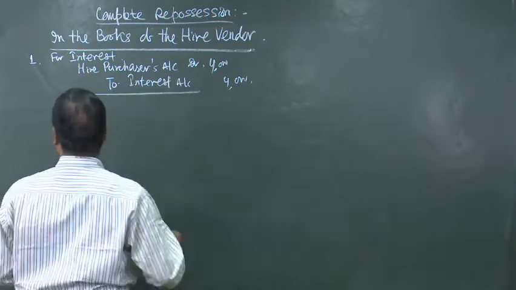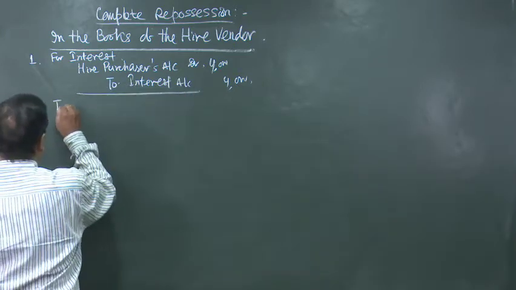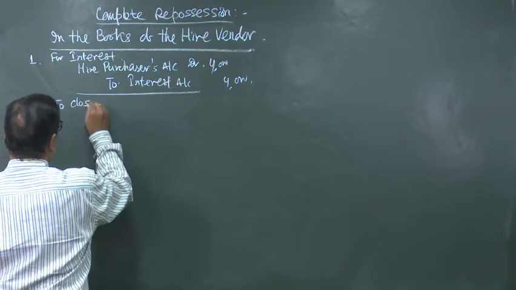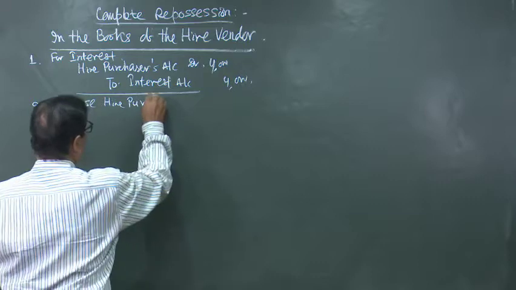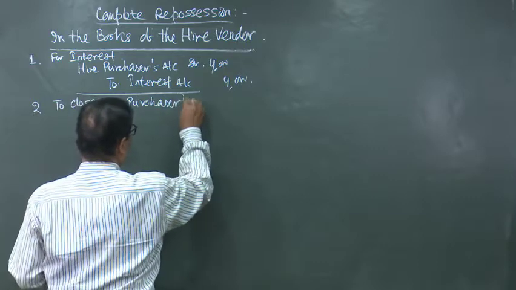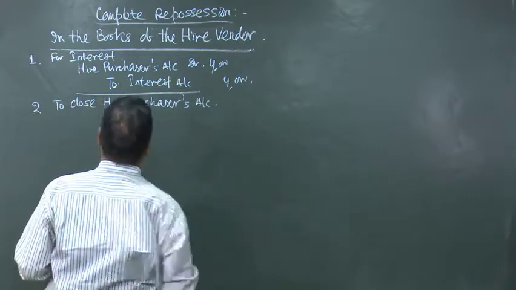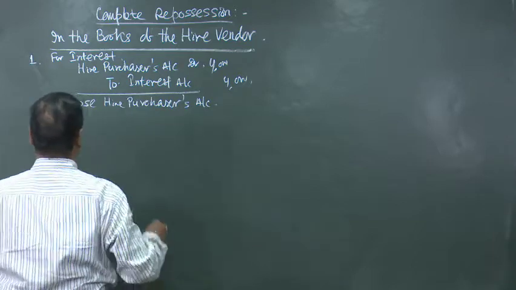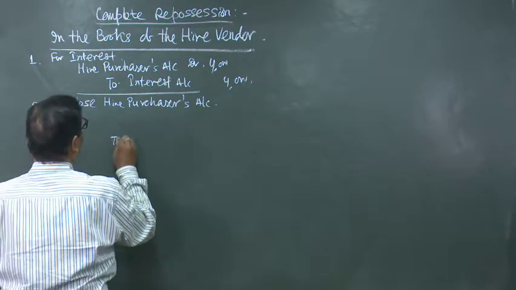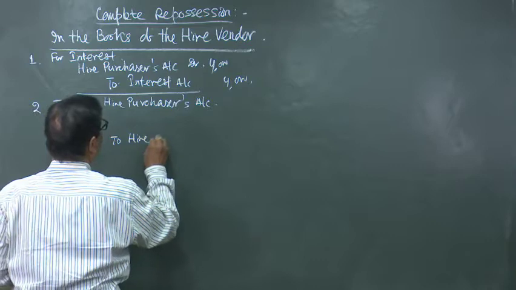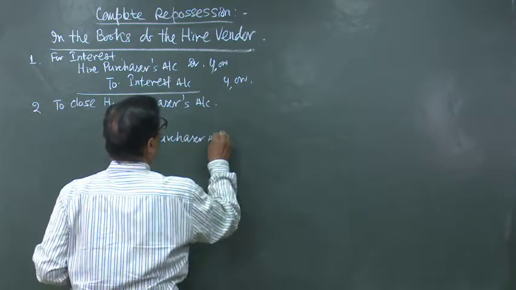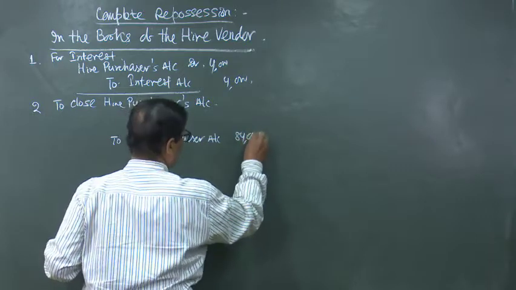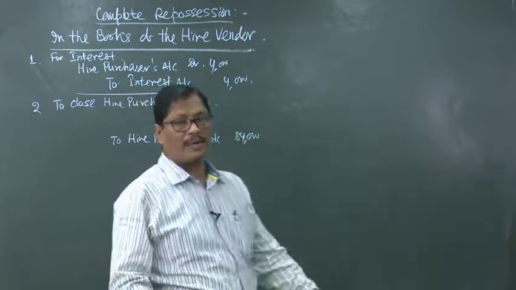So to close his account, hire purchaser's account must be credited with 84,000. Then who will be debited?